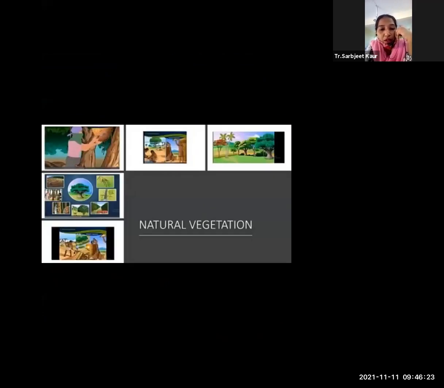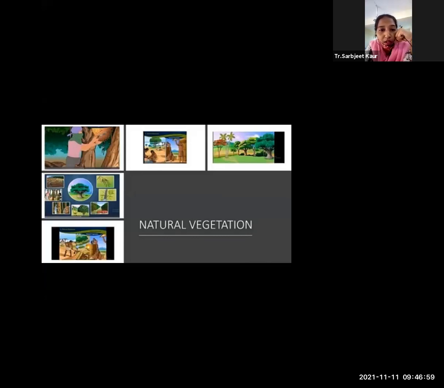Here you can see natural vegetation. Natural vegetation means what we get in our nature with the help of greenery, plants, trees, etc. In the open area, most honeybees don't make honeycombs. They use the shelter of trees and all for making their honeycomb.